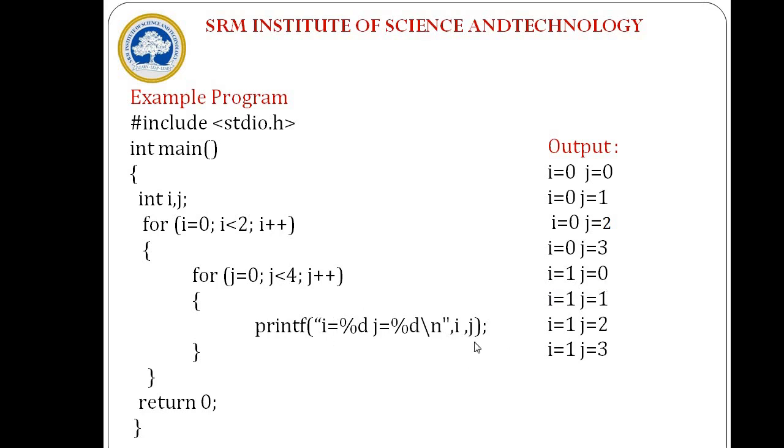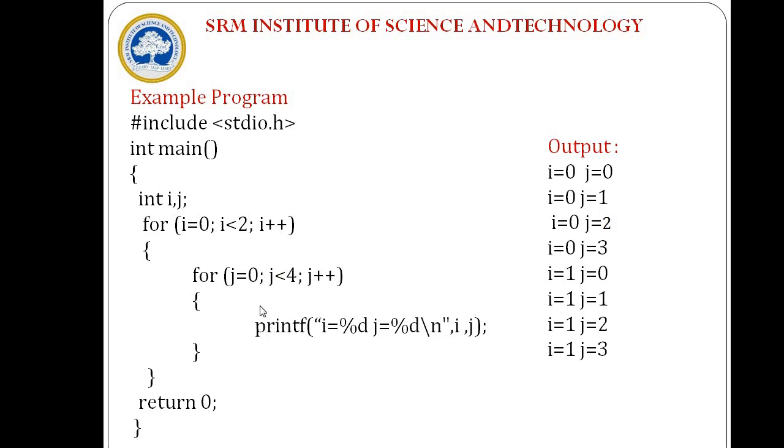After printing the j value, it will increment the inner for loop control variable. Now the j value becomes 1. 1 less than 4, condition true, it prints i equal to 1, j equal to 1. This process continues as long as the j value is less than 4.